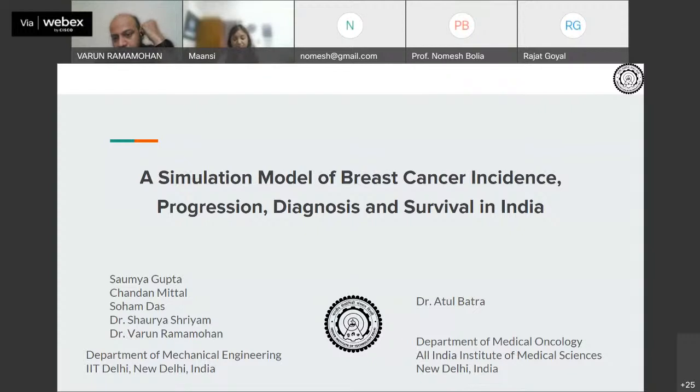So we collaborated with oncologist Dr. Atul Batra in the Department of Medical Oncology at AIIMS New Delhi. So he specializes in breast cancer, and he basically advised us on the model development. He provided us with some costs and so on, which I'll talk about later. And in general, made sure that we were not making assumptions that were too unrealistic, right?